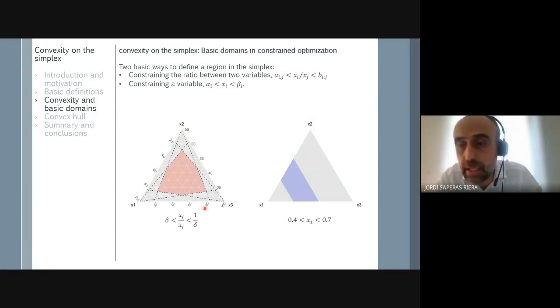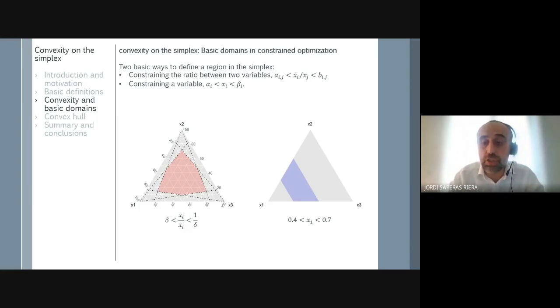As seen in the examples at the beginning of the talk, we have two simple ways, both algebraically and geometrically, to define constrained regions in the simplex. Algebraically simple means that it is expressed with simple equations. And geometrically simple means that the sides of the sets look like straight segments.